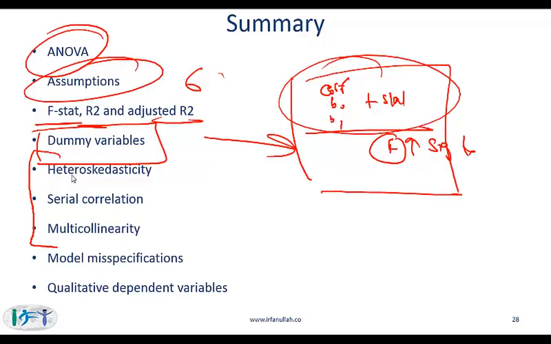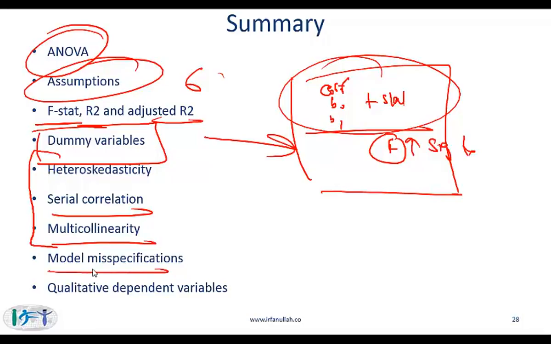Heteroscedasticity, where the issue is conditional heteroscedasticity. There the variance of the error term is conditional on the independent variable. Serial correlation, this is where there is a correlation between error terms. And multicollinearity, this is where there is a substantial relationship between one or more of the x, the independent variables.